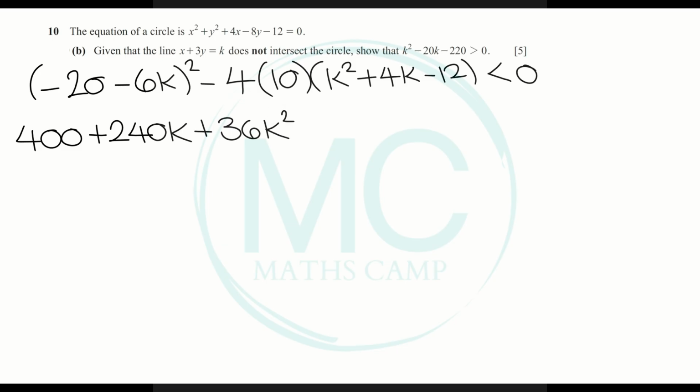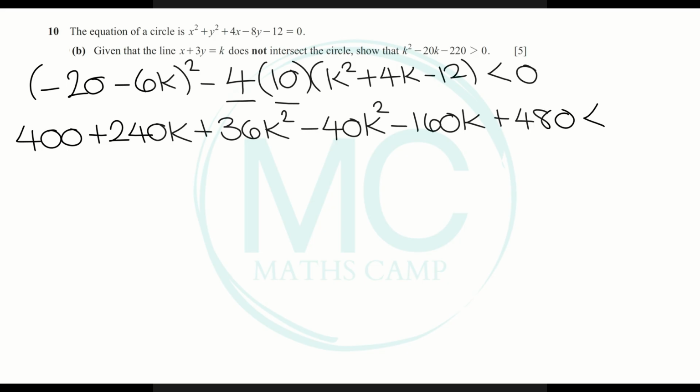Now we need to multiply negative 4 by 2 brackets. Negative 4 multiplied by 10 gives me negative 40. So now I have negative 40k squared minus 160k plus 480.